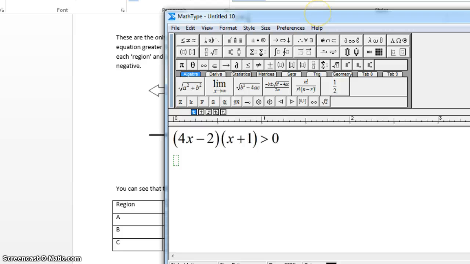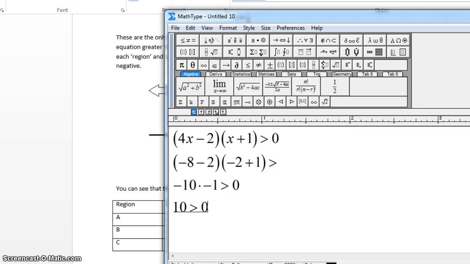So if x is -2, you get 4 times -2, that's -8 minus 2, times -2 plus 1, strictly greater than 0. So -8 minus 2 is -10, multiplied by -1, and you get 10 is greater than 0, which is true.